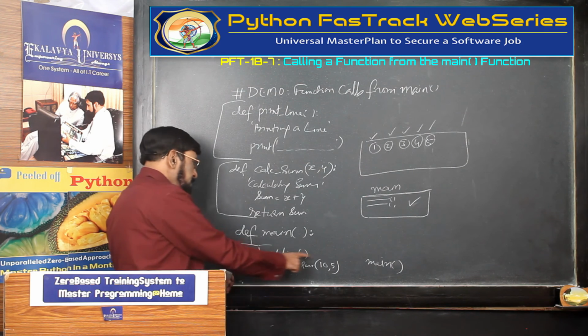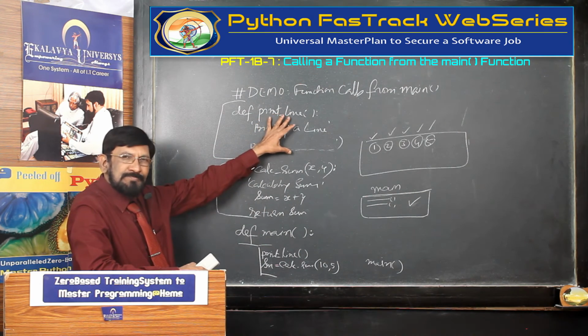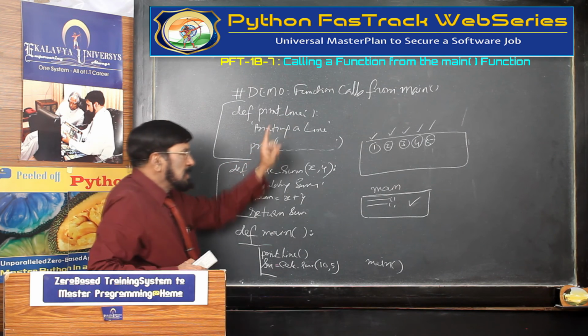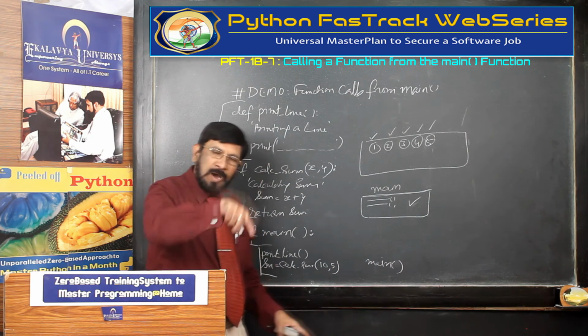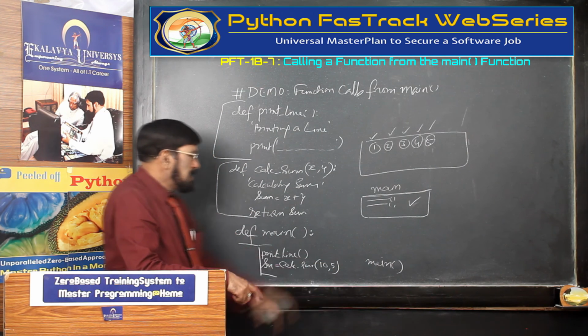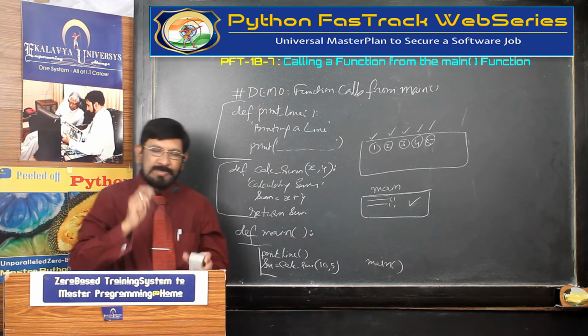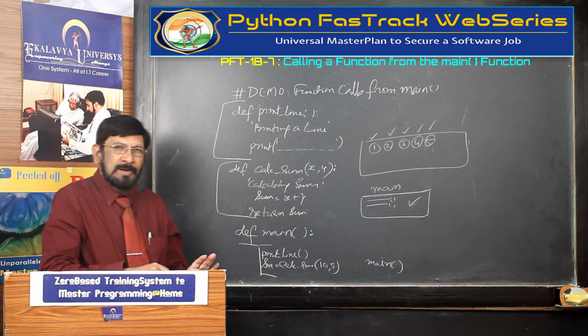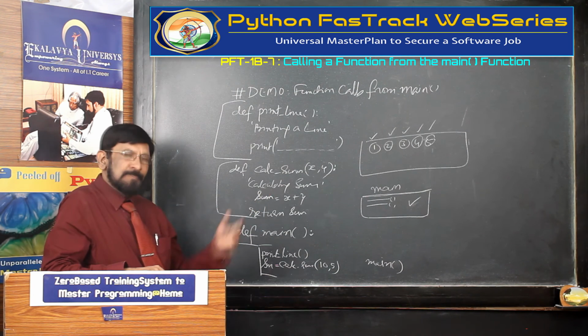That's why even though you call them, these are not executed. When are they executed? When the main switch is on. Whenever you call main, the main switch is on, and in turn the two functions are executed. This is how you have to understand it, and in our projects we call functions from main only.